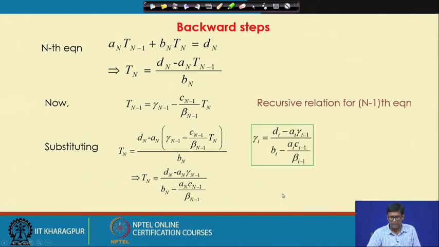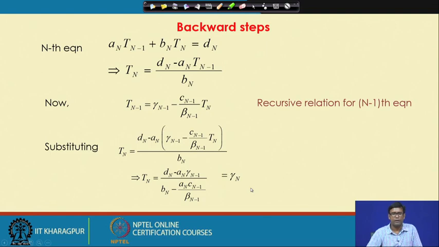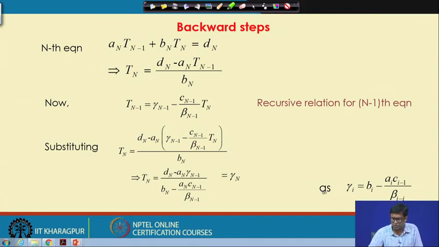And gamma I is given as D I minus A I gamma I minus 1 by B I minus A I C I minus 1 by beta I minus 1, which is the general recursive relation for gamma I. If we compare these two relations, T n is nothing but gamma n.